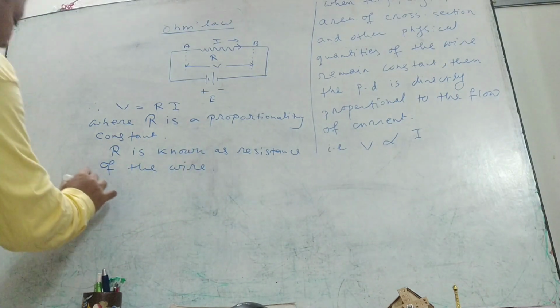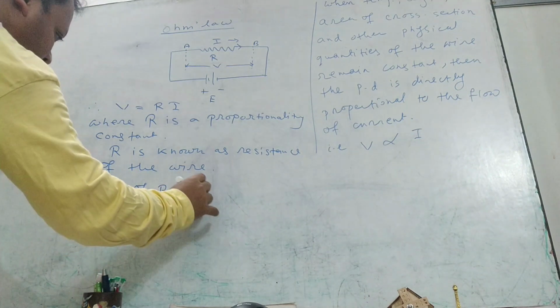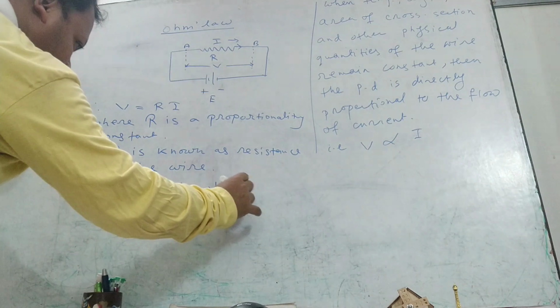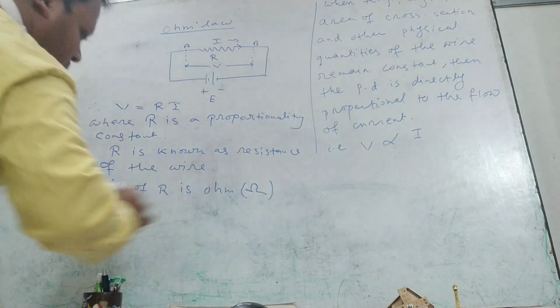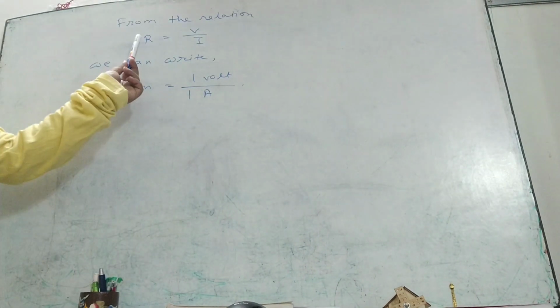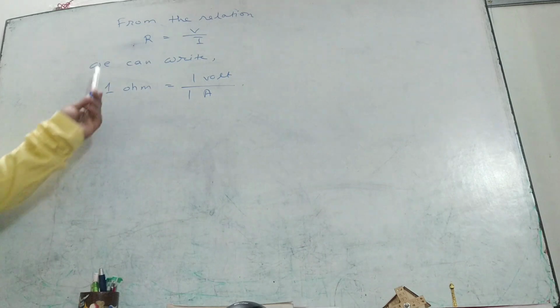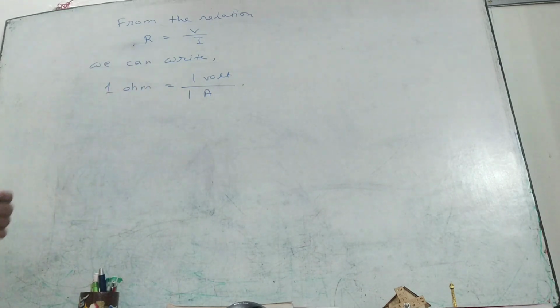Unit of R is ohm. From the relation R is equal to V by I, we can write 1 ohm is equal to 1 volt by 1 ampere.